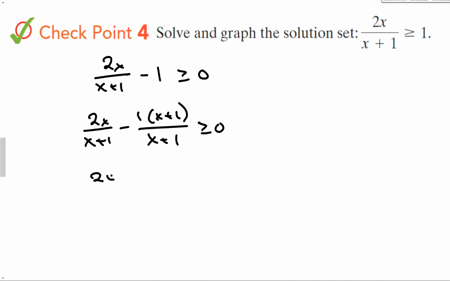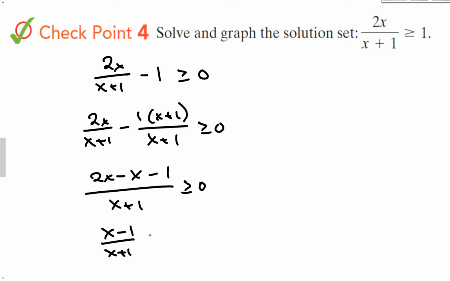Okay, so we get 2x minus x minus 1 over x plus 1. And we have x minus 1 over x plus 1 is greater than or equal to 0. So x equals 1 is my 0. And x equals negative 1 is my vertical asymptote.